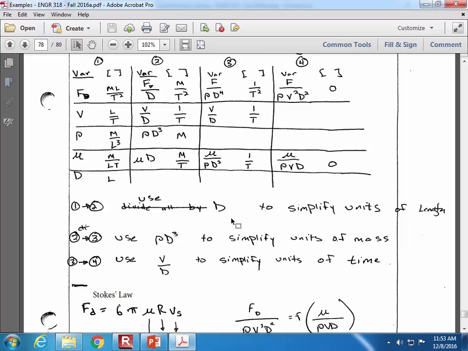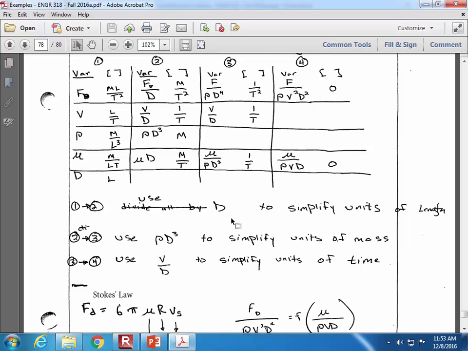Now, the interesting thing is what this says is that we can set these two equal to each other. So what if we say the force, density, velocity squared, diameter squared is equal to viscosity, density, velocity times diameter. All right. So remember, all we wanted to know in the very beginning is what's the formula for drag force of a sphere?